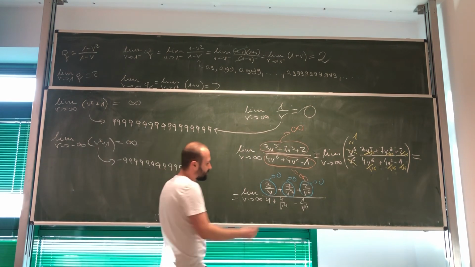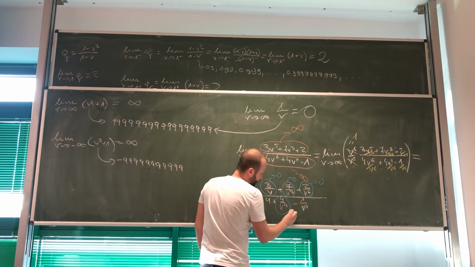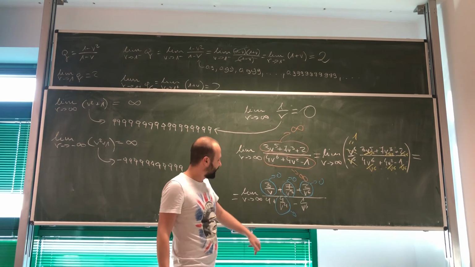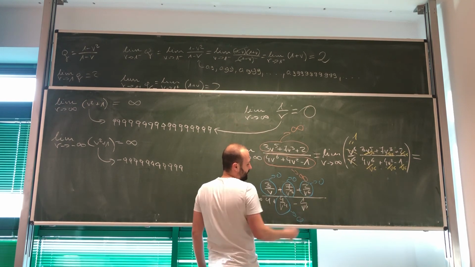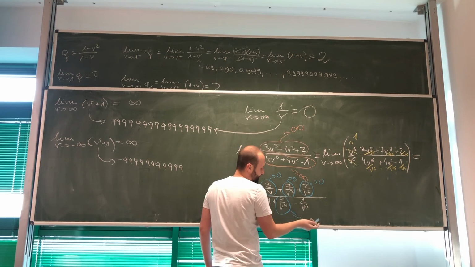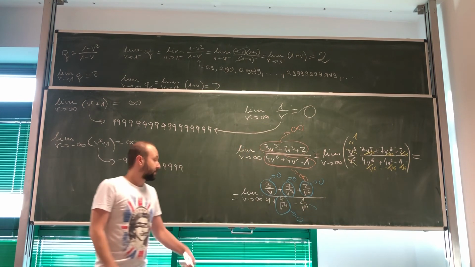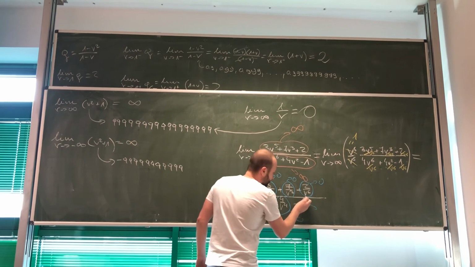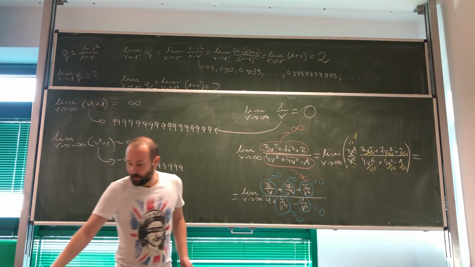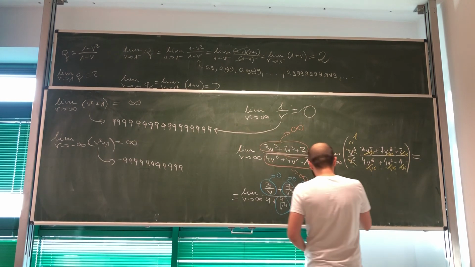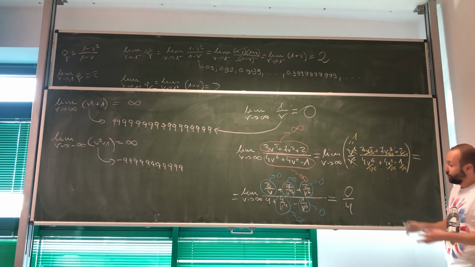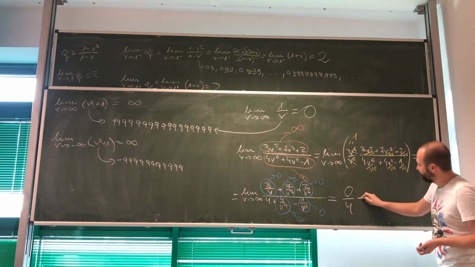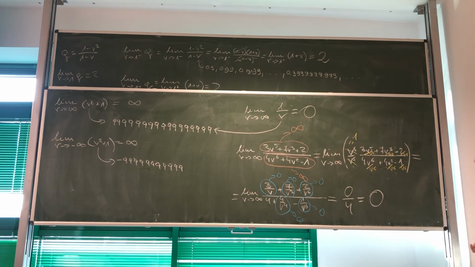Over here, we've got 4 divided by v to the power of 4, which again goes to 0. And finally, minus 1 divided by v to the power of 6 goes to 0 as well. So what we get out of this is 0 divided by 4, which is a permitted operation, of course, and it is equal to 0.